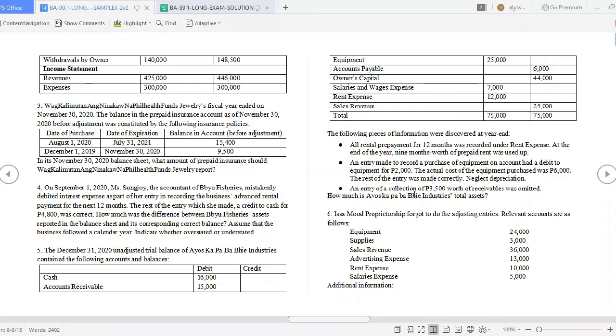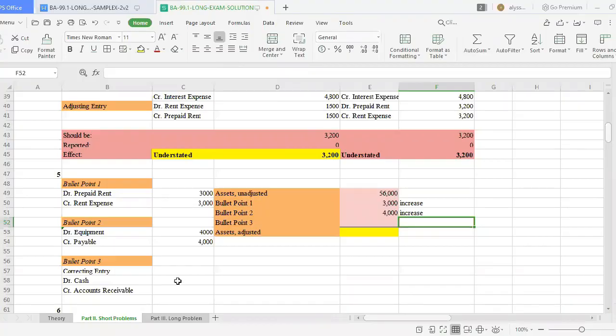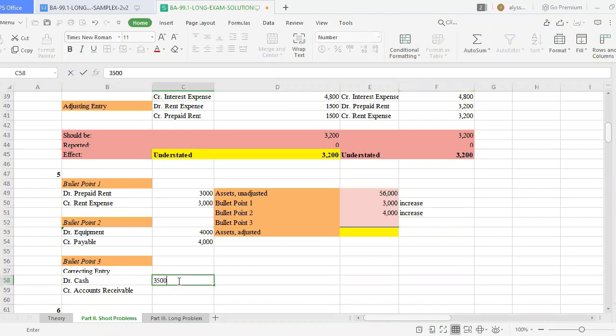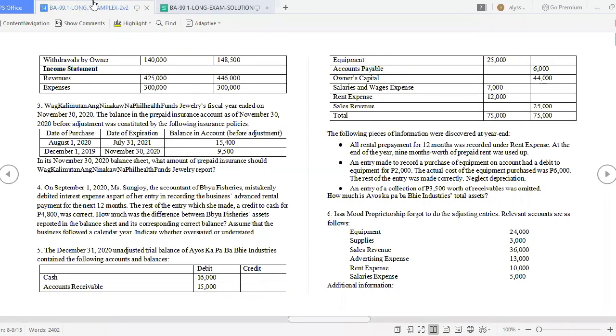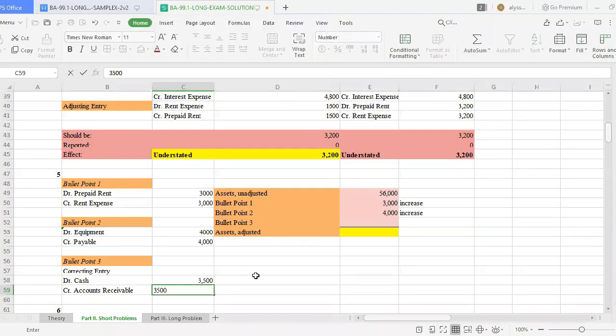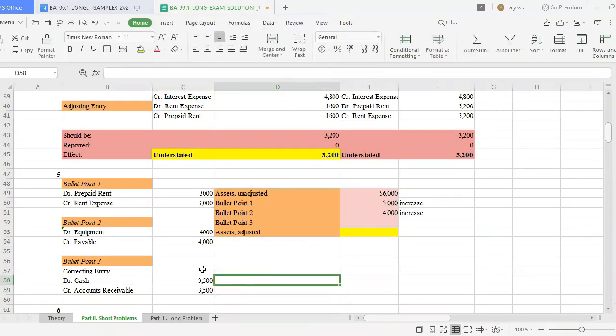And lastly, an entry of a collection of 3,500 worth of receivables was submitted. So should record the cash received and then they recognize the accounts receivable as collected. So that's 3,500 debit to cash, 3,500 credit to accounts receivable. So looking at the entry, accounts receivable decreased, right? So that's an asset decrease.